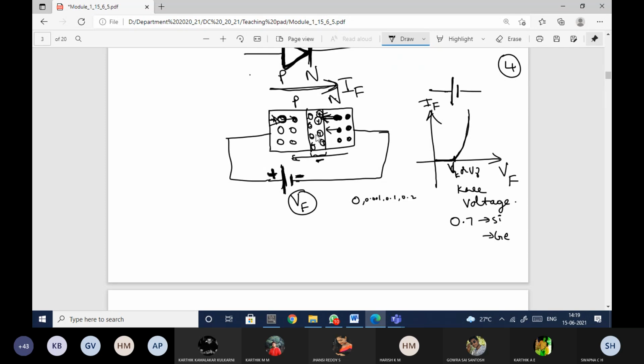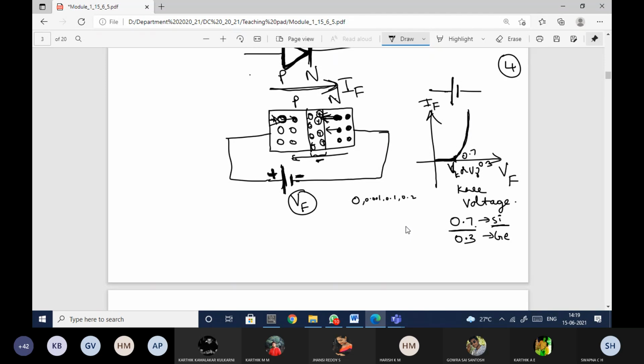If this PN junction diode is made up of silicon, then the barrier voltage, the knee voltage, is 0.7. If it is made with germanium, then the barrier voltage is 0.3. So until 0.7 for silicon, or 0.3 for germanium, there will be very small current flow. After that it will increase like this.